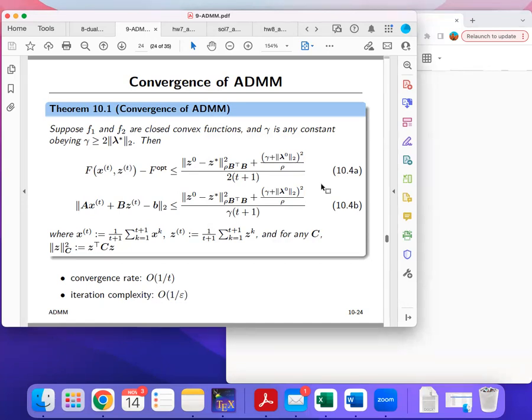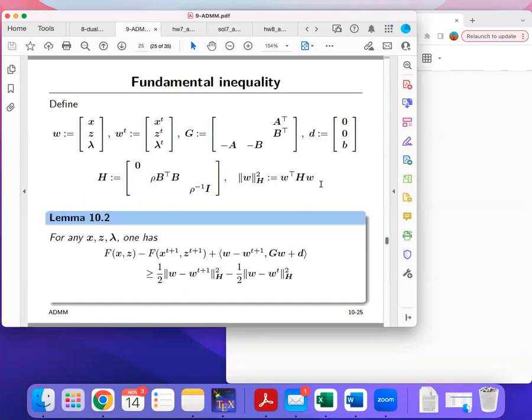So let's look at how these results are proved. Okay. In fact, for the ADMM algorithm, the convergence analysis is a bit complicated. It requires introducing a lot of notations and big notations. So we will define this because when we run the algorithm, we have 3 updates.